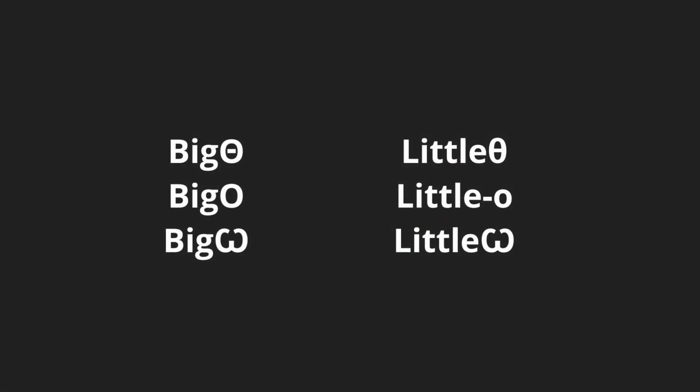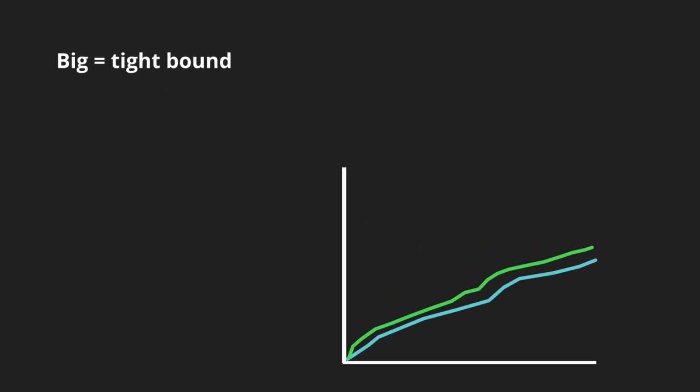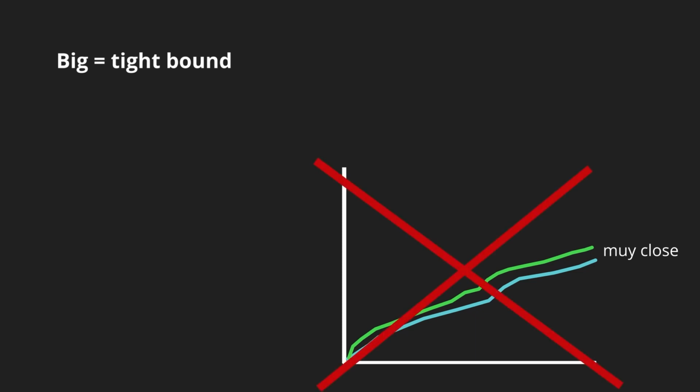And alongside all of these big Greek letter notations, there are small letter notations. There's small theta, small o, and small omega. And these fun size versions are not required to provide a tight bound. With our big theta, big O, and big omega, we're trying to find a function g of n that is as close as possible to our original function f of n. The fun size versions don't have any such restrictions.